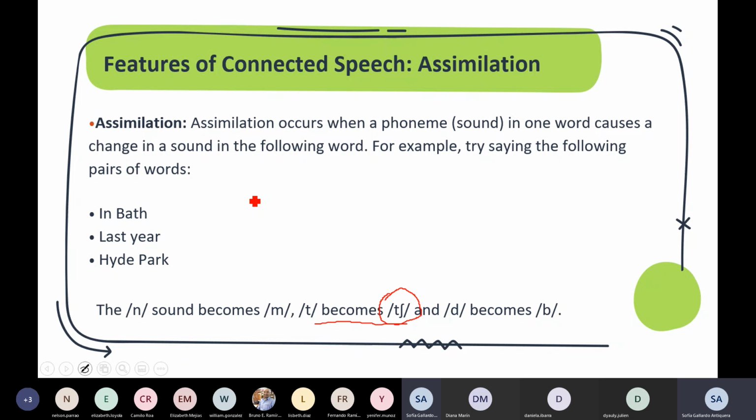This is why features of connected speech are really useful, because they help us not only to speak more fluently or more native-like, but also to understand speakers, which is one of the main concerns students have at a higher level. So is it clear what assimilation is?